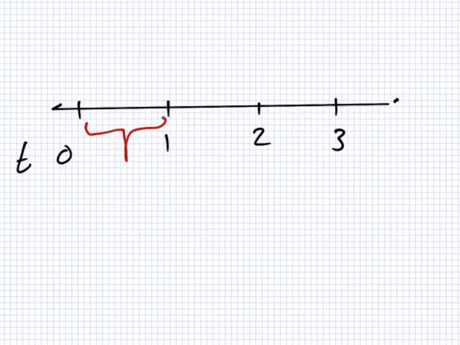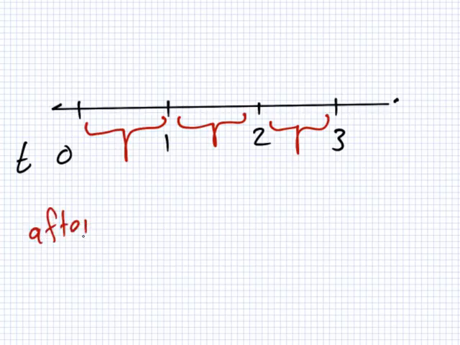Right, so here T, 0, 1, 2, 3. So this one here is called the first minute. This one, second minute. This one here, third minute. So if I said after 3 minutes, that means I want the temperature here.